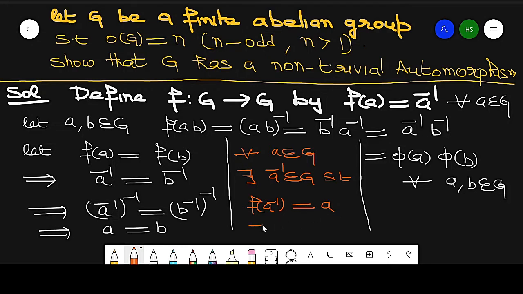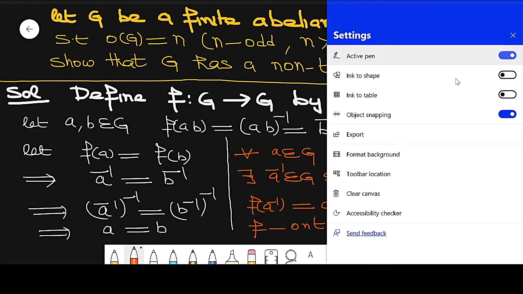So F is onto. This map is a one-one homomorphism as well as onto, so it is an automorphism. So F belongs to the automorphism group of G.